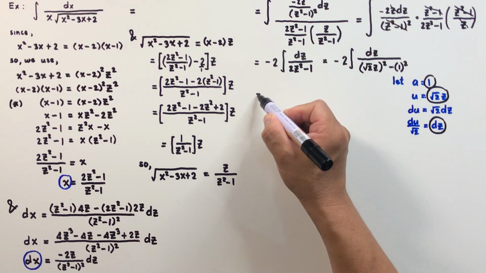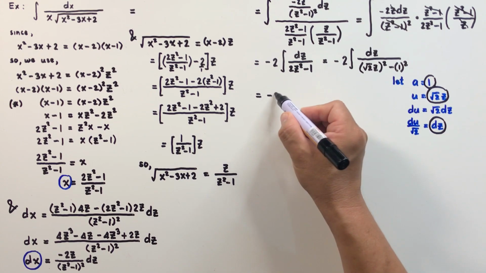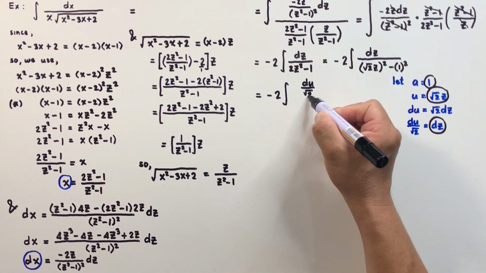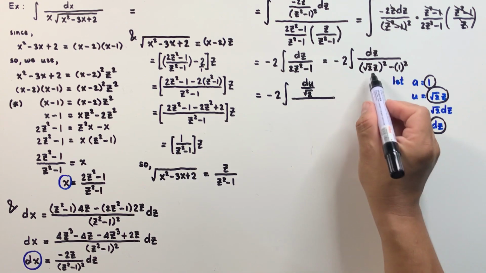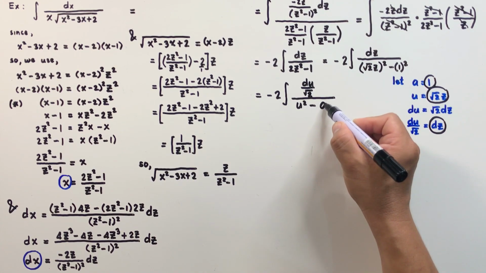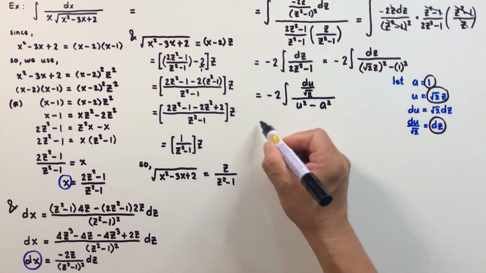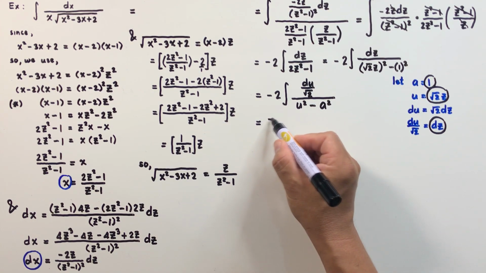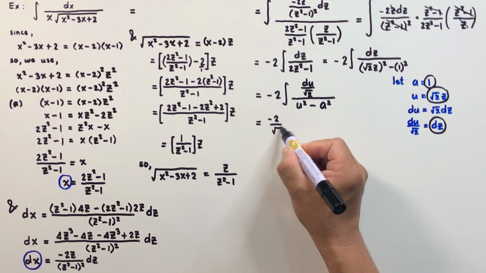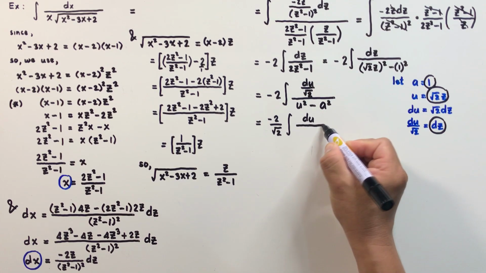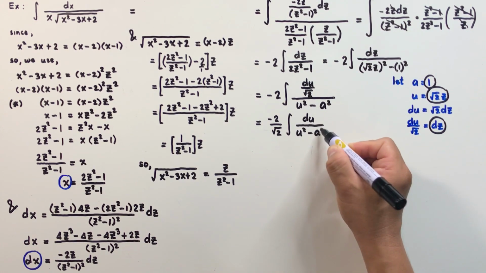So we can rewrite our integrand as the integral of dz, which is du over the square root of 2, and this is divided by the square of our u minus the square of our a here. So we can factor out our constant of the square root of 2 in this denominator as negative 2 over the square root of 2 times the integral of du over u squared minus a squared.